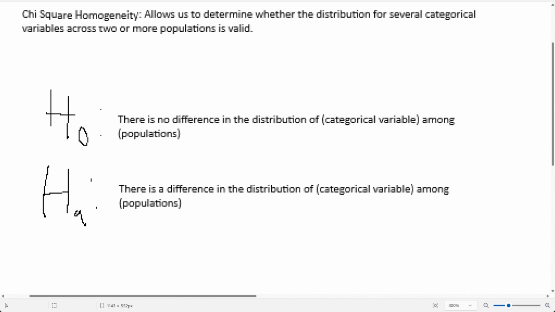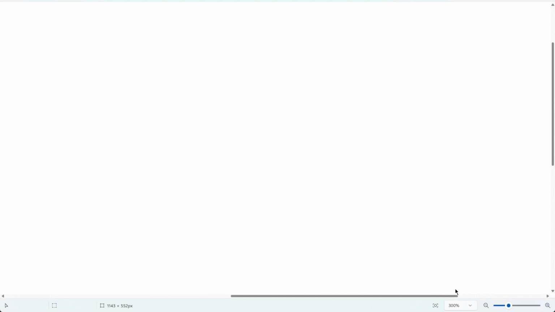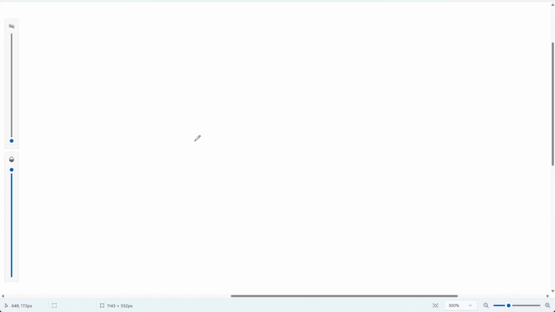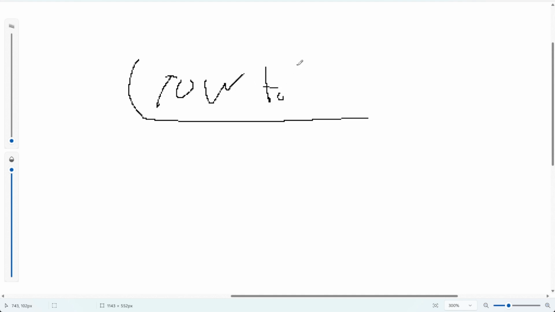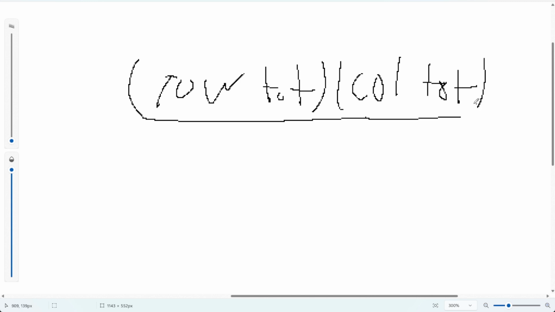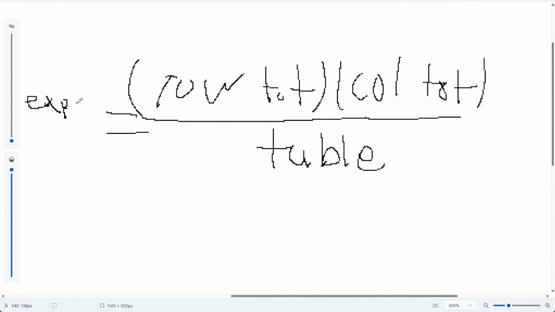Now, before we get into our practice problem, I just want to show two real quick equations that we will need to understand. The first one is the expected counts equation, which is row total times column total over the table total, and this is equal to the expected counts.